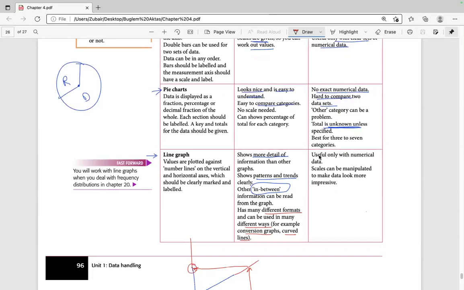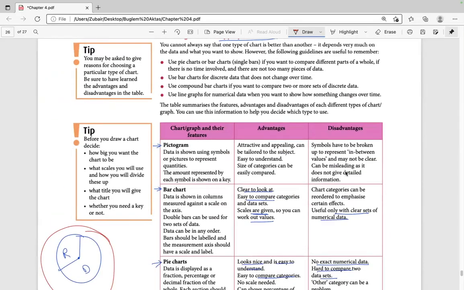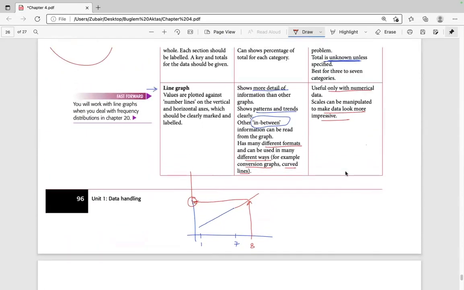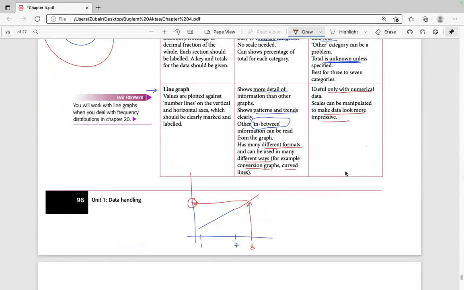Okay. Disadvantages. Useful only with numerical data. I cannot draw a line graph for this. Scales can be manipulated to make data look more impressive. Why is that a disadvantage? Well, it can be false. It doesn't show honesty. It's dishonest.